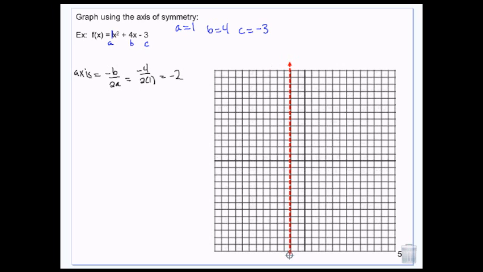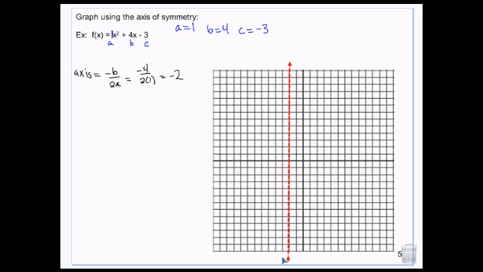At -2, that's my axis of symmetry. So my parabola is going to be equal on either side of this line. You have to draw a line of some sort, it doesn't have to be anything more than a faint dashed line down -2. So that's the first step, step 1.